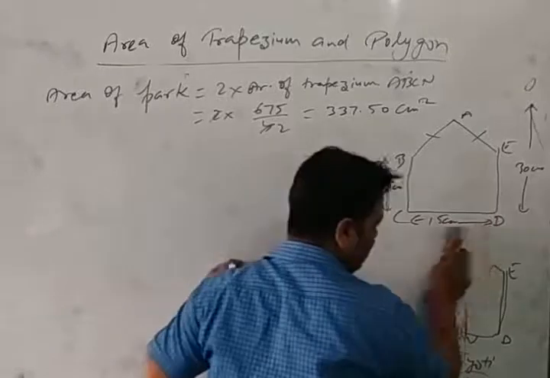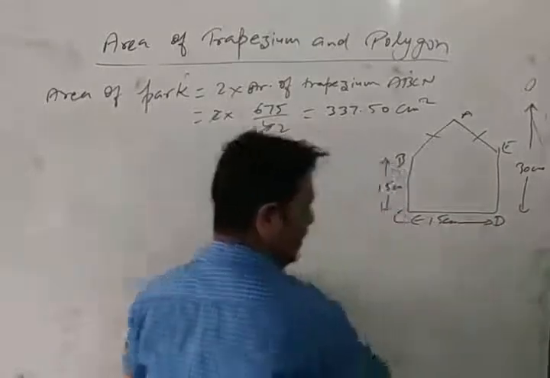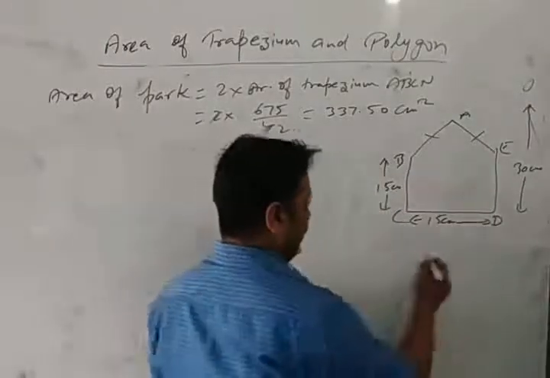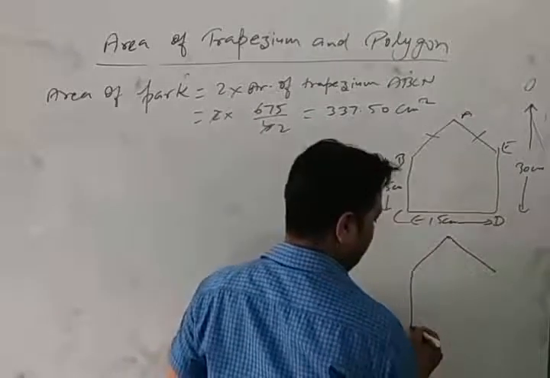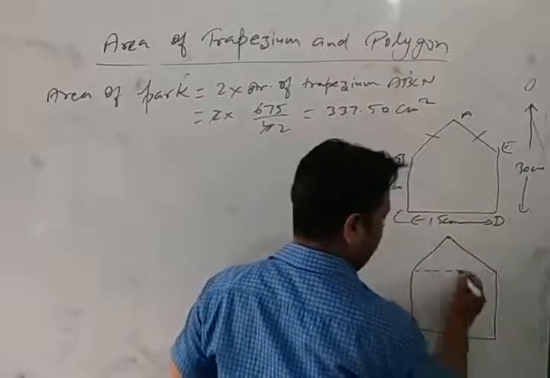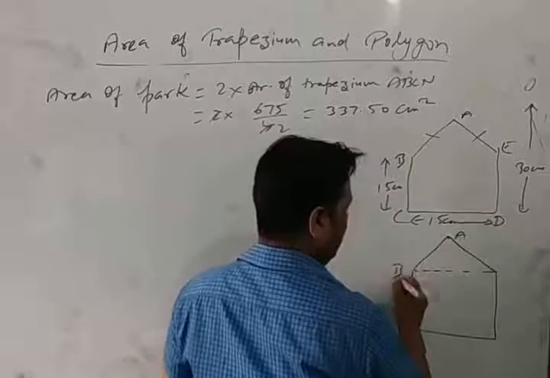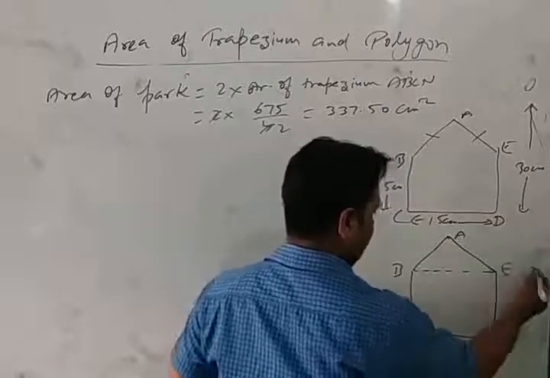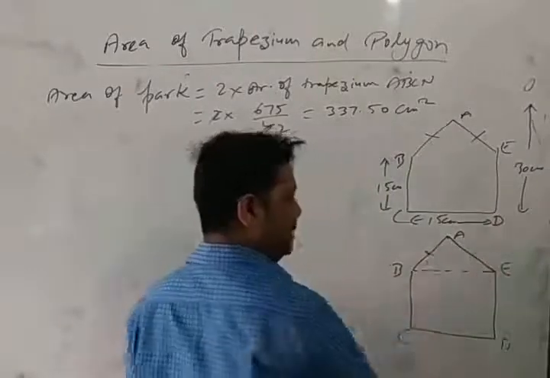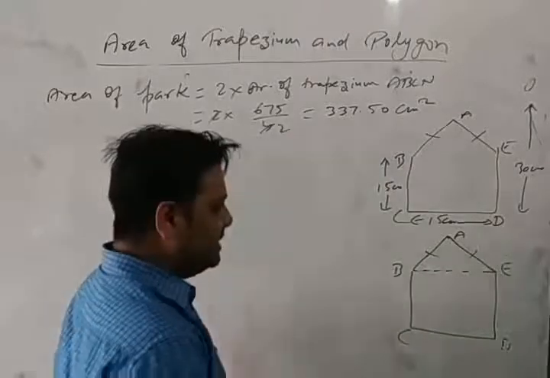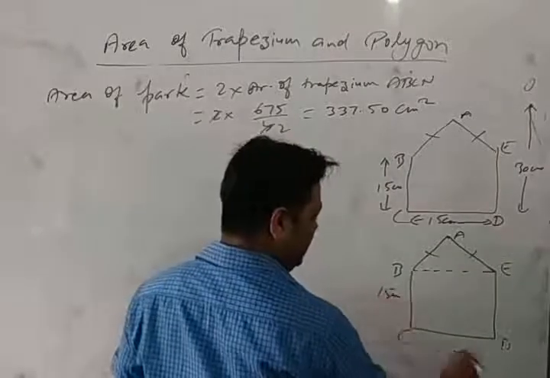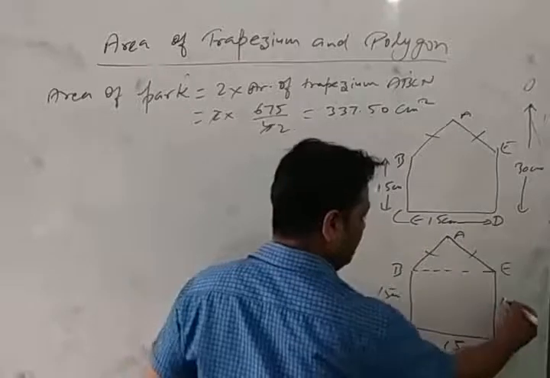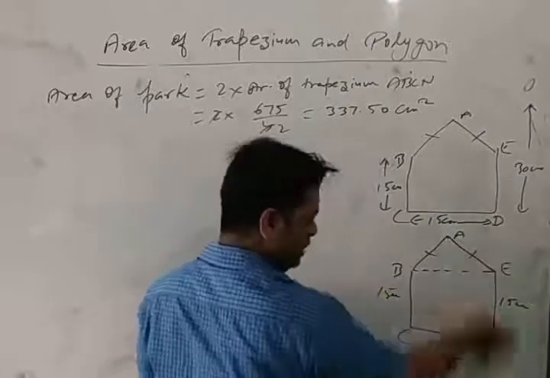Now Kavita has decided to find the area of the part in this way: A, B, C, D, E. And these two sides are same. Now you can see, if this is 15 centimeter, this is also 15 centimeter, total 30 centimeter.